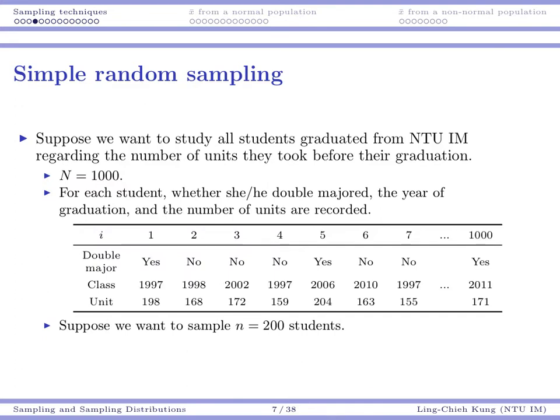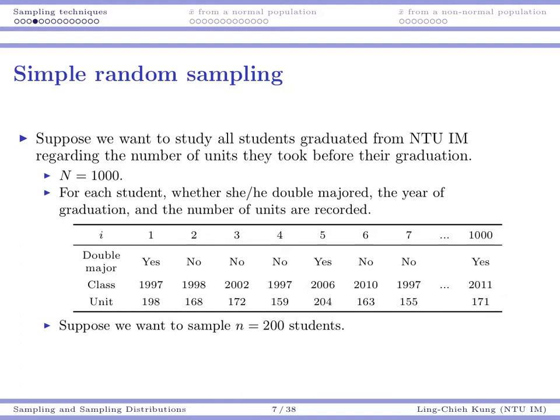As an example, suppose I want to study all those students who graduated from NTUIM, and I want to study the number of units they took before their graduation. I certainly may do a census if I have all the data, but let's assume we don't have it, probably because the computer system was broken or the data was not stored appropriately.